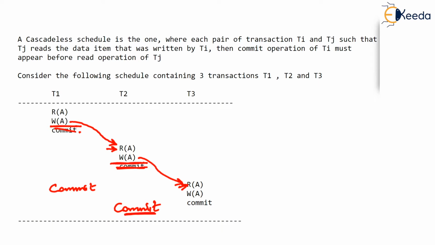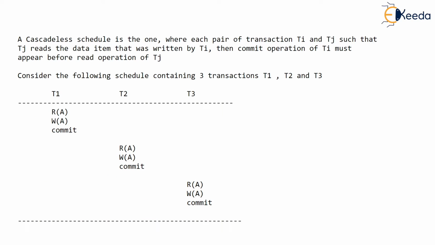Then this may result in cascading aborts, because if T1 fails, as we saw in the earlier video, before it commits, then it rolls back and the value read by T2 which was updated by T1 is now dirty. Similarly, the value read by T3 is dirty. So these two transactions have to be rolled back, isn't it?